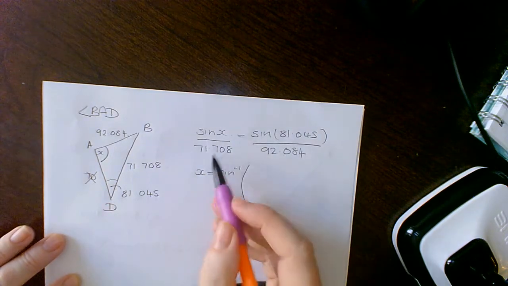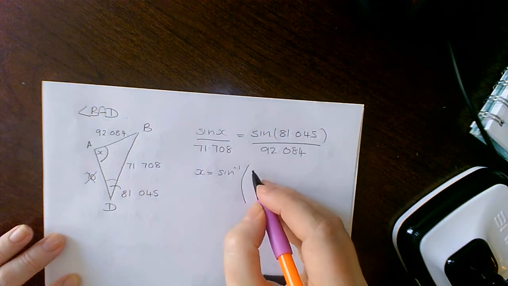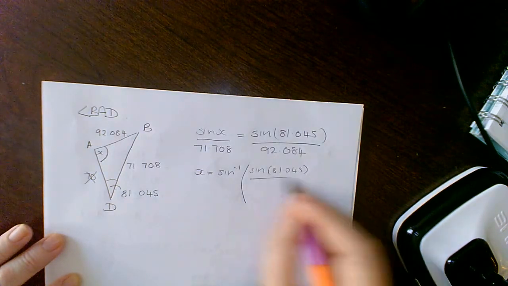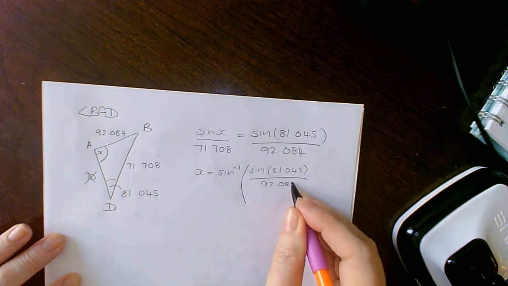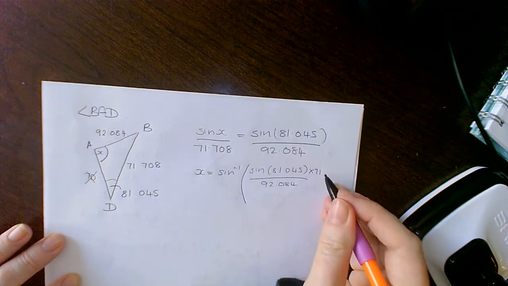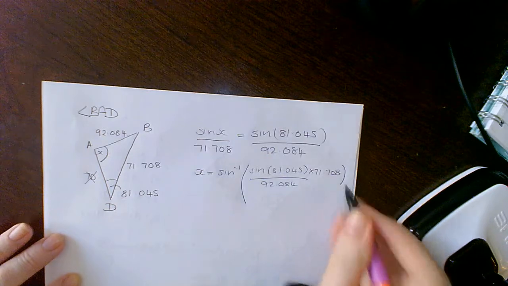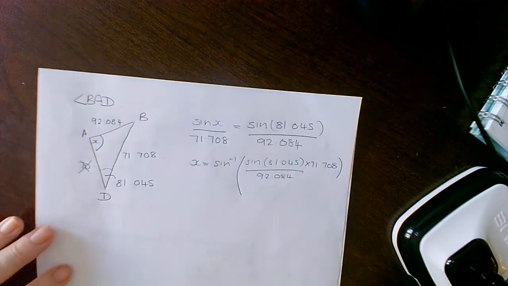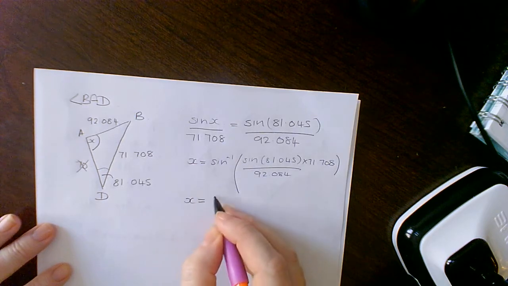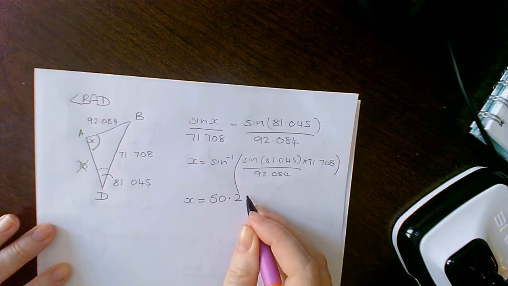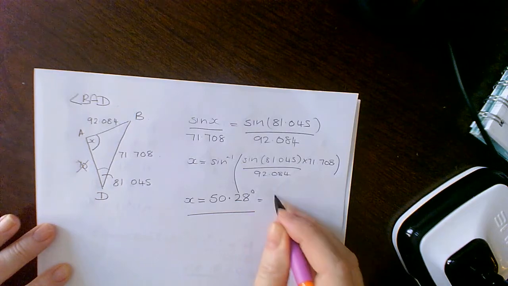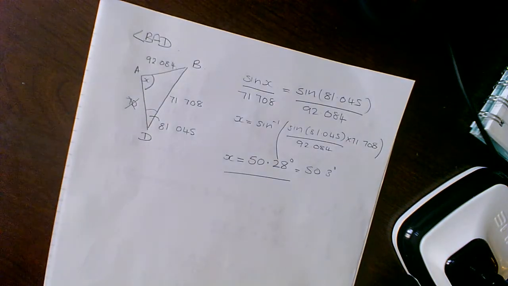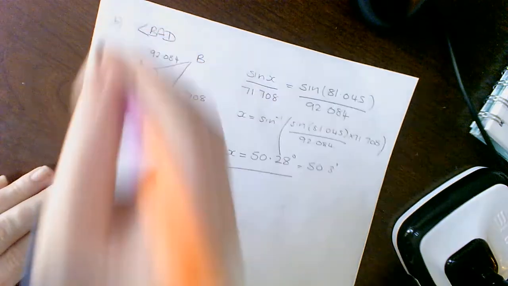I'm doing this all in one step: sine minus 1 of 81.045 over 92.084 times by 71.708. So just timesing by that and doing sine minus 1. That gives an answer of 50.28 degrees, or 50.3 to three significant figures. So that was angle BAD, so that was part B.